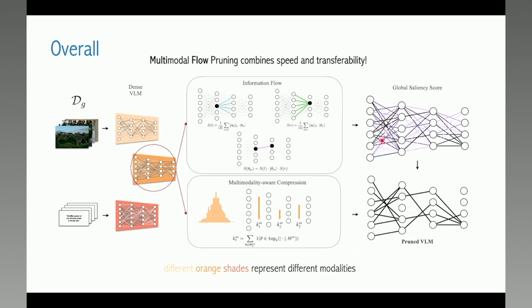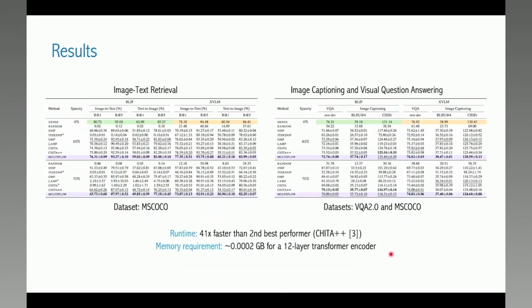But if you simply use the saliency of the weights to perform pruning, that wouldn't work, due to the two biases that I mentioned before, the bias over the different layers and the bias over the different modalities. That's why we also need this multimodal aware compression scheme, to ensure that we have a network that is well pruned. So very quickly, what about our results?